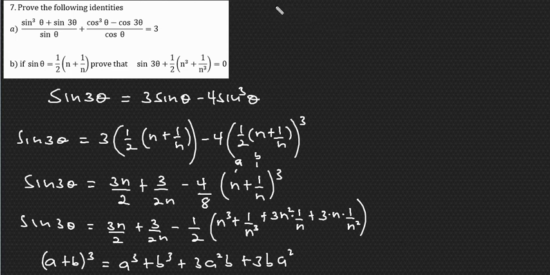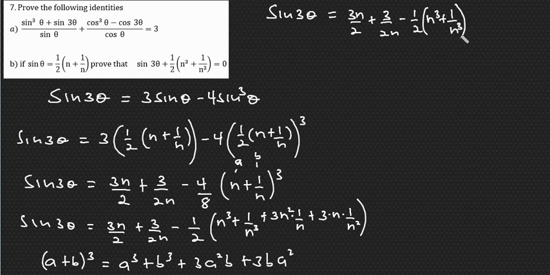Sine 3 theta will be equal to 3n by 2 plus 3 over 2n, then minus a half into, I'm going to multiply a half out here, so to be minus a half, then this is going to be n cubed plus 1 over n cubed, then minus a half and this.